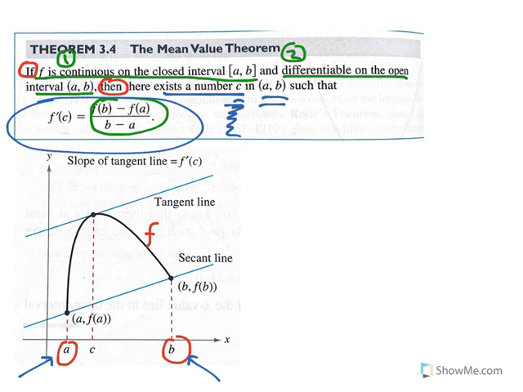This equation on the right side has a difference quotient. If you look at that difference quotient, it is simply the change in the y coordinates. You've got f of b minus f of a, so you're subtracting the y coordinates and then dividing by the difference in the x coordinates, b minus a.